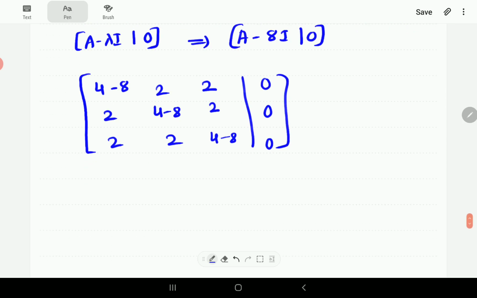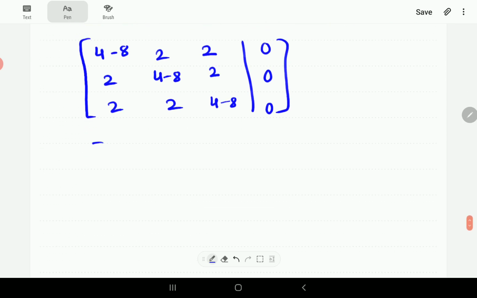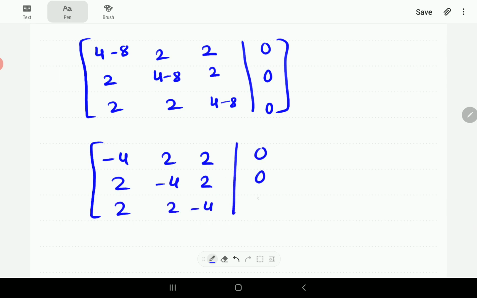So now we get negative 4, 2, 2; 2, negative 4, 2; 2, 2, negative 4, with 0, 0, 0. Now I think we can exchange R1 and R2.